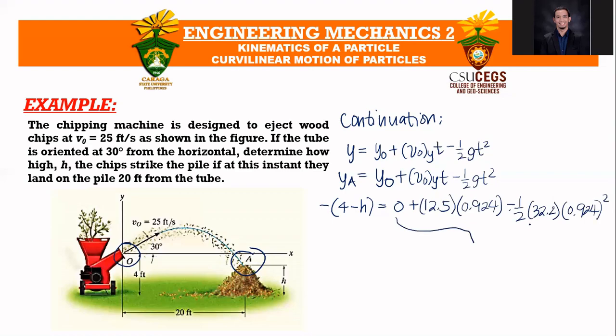Let us compute this on the right side sa itong equation. So that would be 12.5 times 0.924 minus 1/2, 32.2, 0.924 squared. So that would be negative 2.196. Then afterwards, i-divide nato sa negative 1 para ma-cancel nato ang negative.